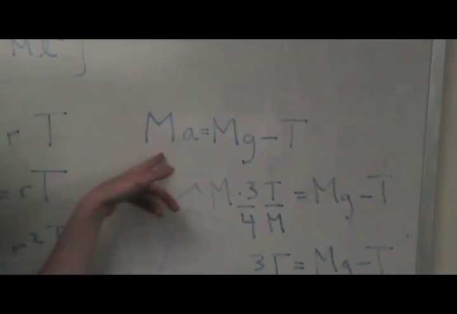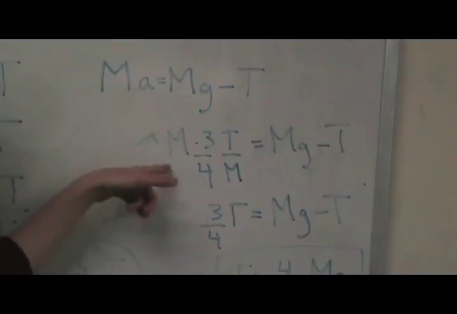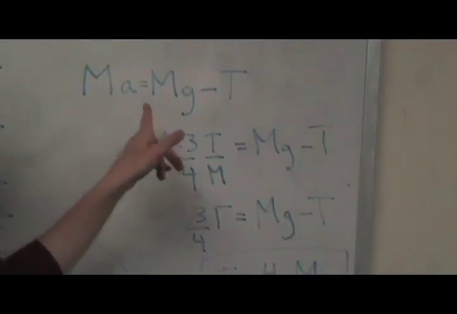This equation is the basic force equation. The net force equals the force of gravity minus tension. Plugging in your answer for the acceleration into here, you can solve for the tension, which is 4/7 mg.